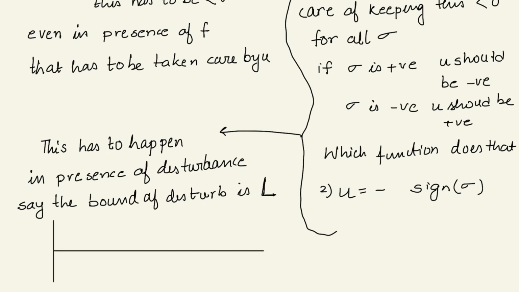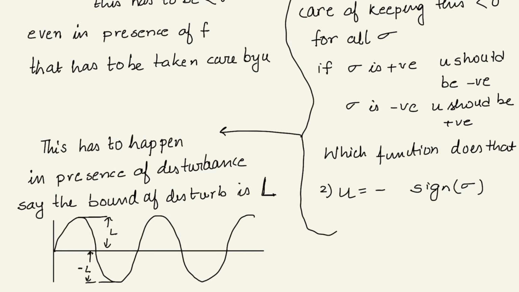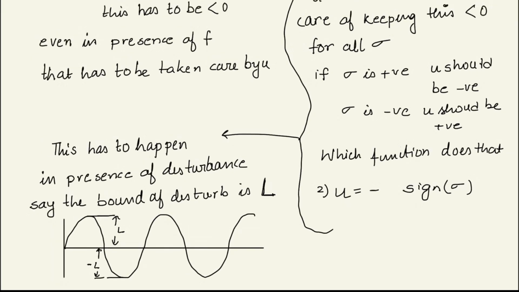If the bound of the disturbance is say L, the factor of signum of sigma should be big enough to counter this bound of disturbance.